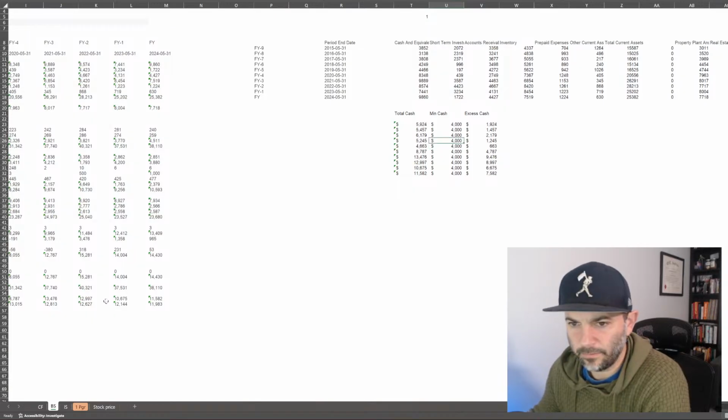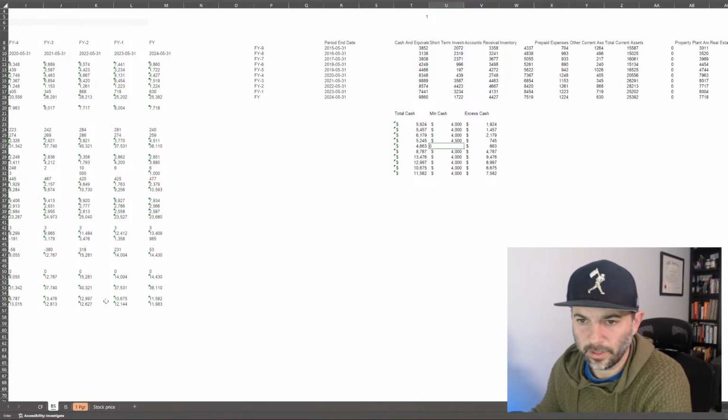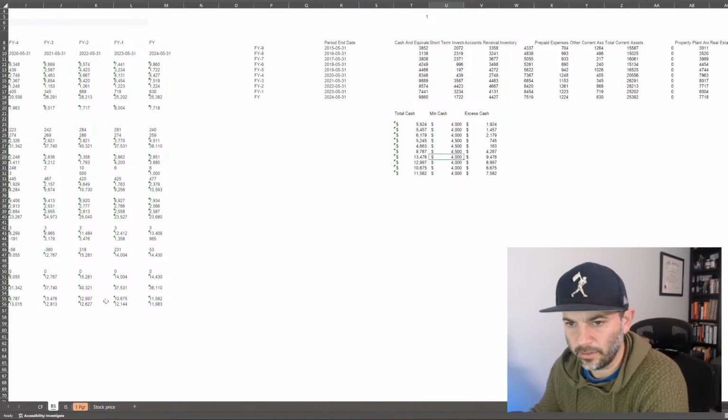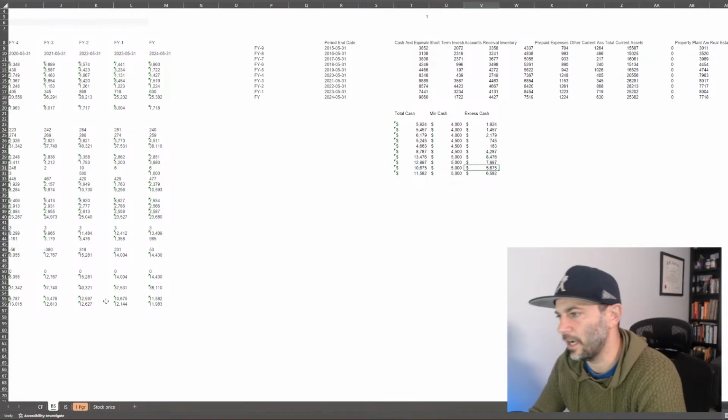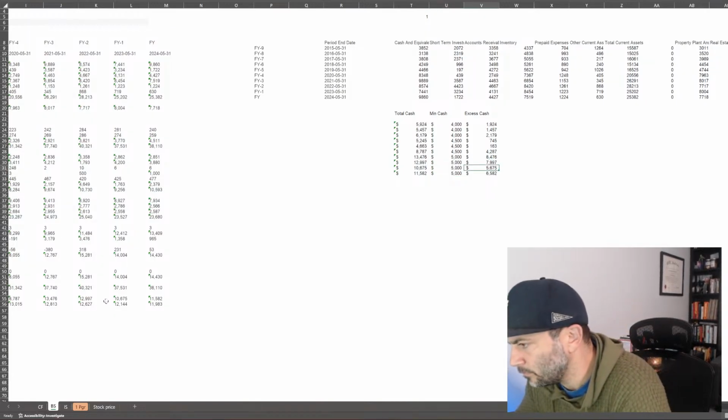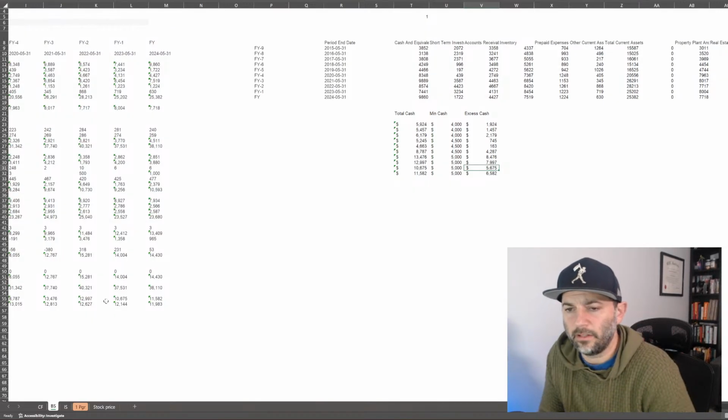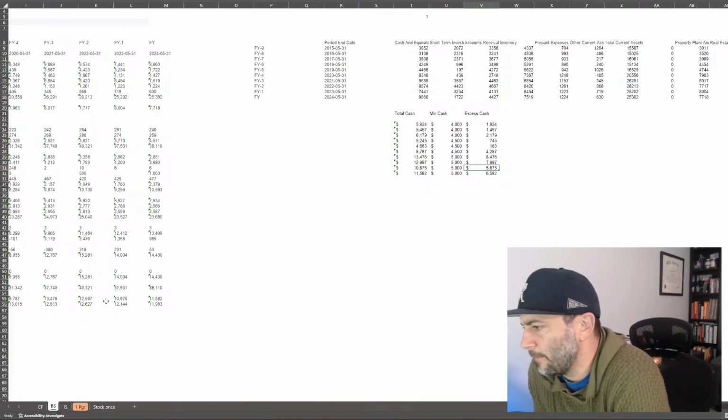That might be 4.5 billion. Keep that for a couple years, and then I want them to have 5 billion. You can play with this and see how excess cash grows. Intel needs some time to build all that installed capacity that they want to build out. They've got to really work on that.